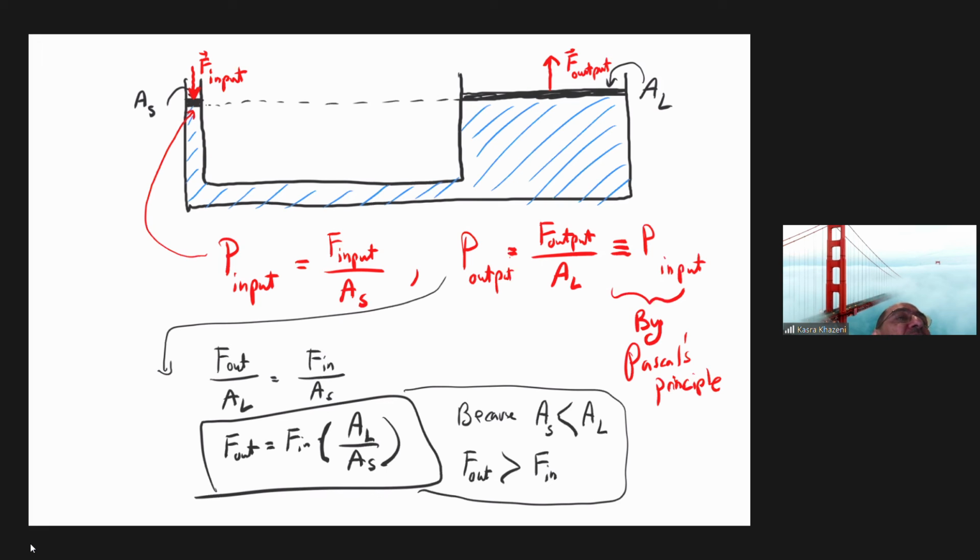It's usually pushing down with a small force through some oil-filled containers and getting a much larger force at the other end that does the work for you.